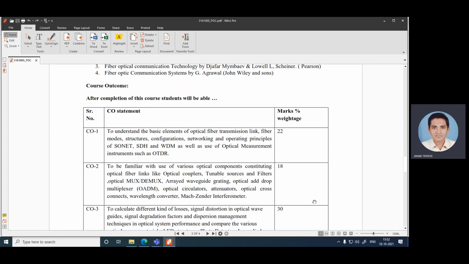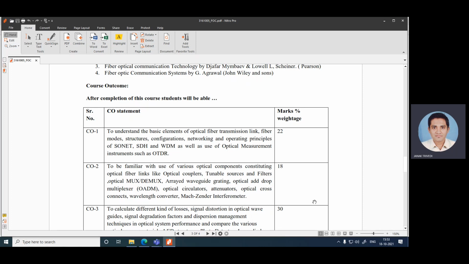CO2 is to be familiar with the use of various optical components constituting optical fiber links like optical coupler, tunable source and filter, optical multiplexer, demultiplexer, arrayed waveguide grating, optical add-drop multiplexer, optical circulator, attenuator, optical cross connect, wavelength converter, and Mach-Zehnder interferometer, and the weight of CO2 is 18%.